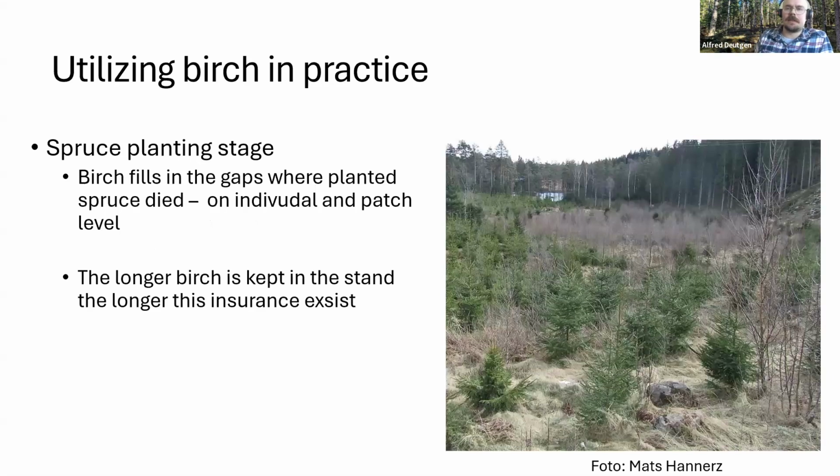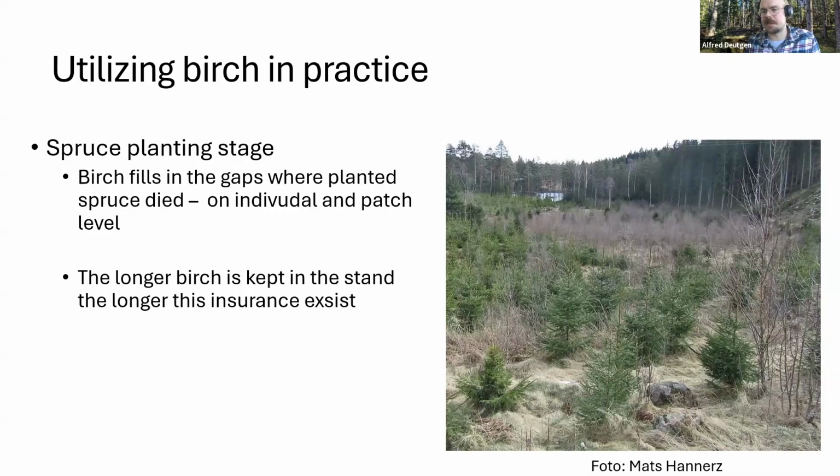So utilizing the birch in practice together with spruce is mainly done by the birch filling in the gaps where the planted spruce has died. So it's to have a higher stem density, and this can also be on individual level.